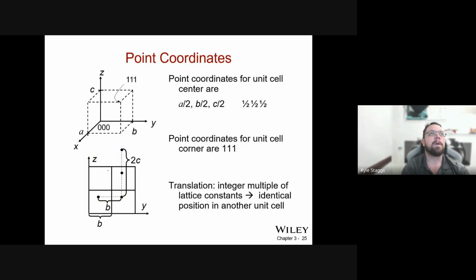So there are point coordinates that we're going to be showing how to do some calculations on. 111 is a very common point coordinate system for certain crystal types.